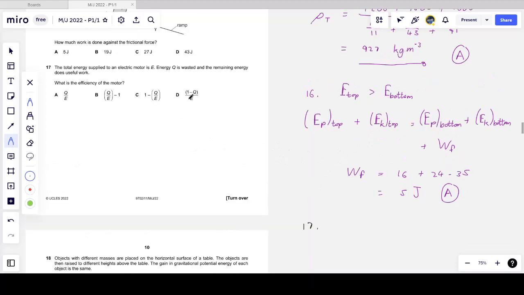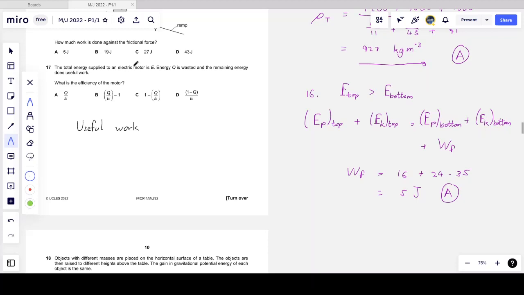Okay, question 17 says the total energy supplied to an electric motor is E. Energy Q is wasted and the remaining energy does useful work. What is the efficiency of the motor? I have a total amount of energy given to a motor.